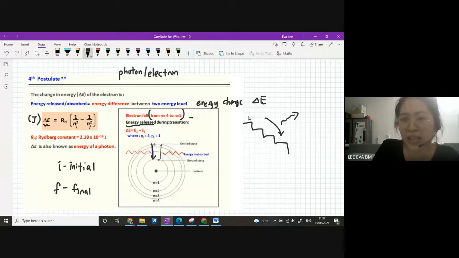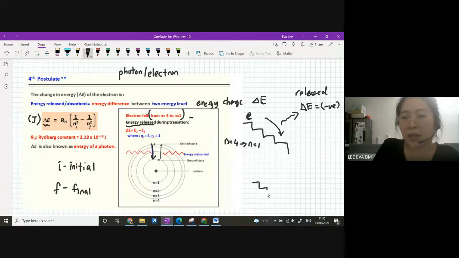So let's say electrons over here. When you drop from higher energy level to lower energy level, energy will release. So delta E, energy release, you should get a negative value. So yang ini daripada N4 to N1 ya, higher energy level to lower energy level, energy release.